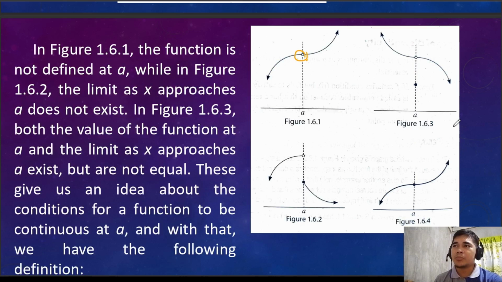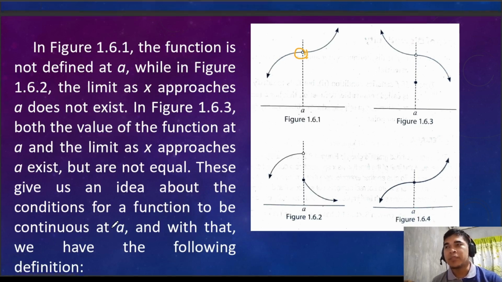In 1.6.3, both the value of the function at A and the limit as x approaches A exist but are not equal. So this gives us an idea about the condition for a function to be continuous at A. And with that, we have the following definition.